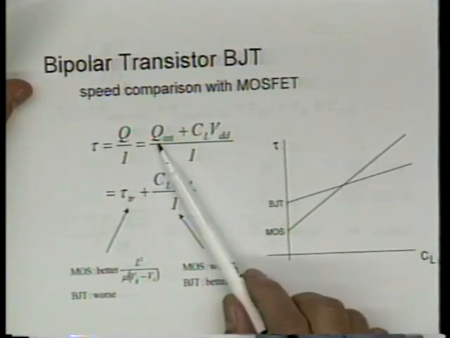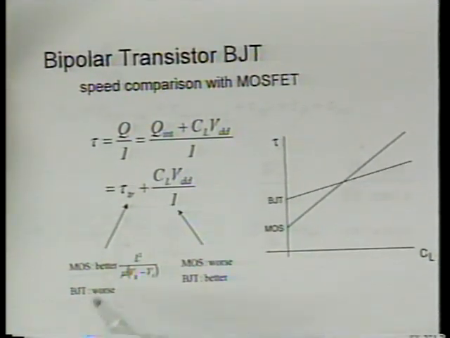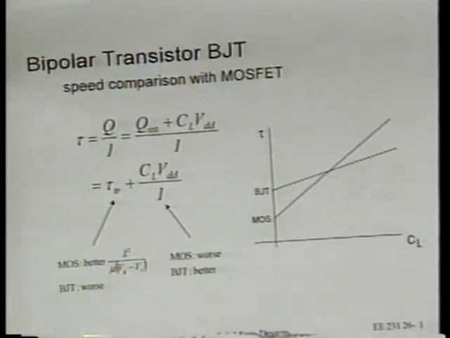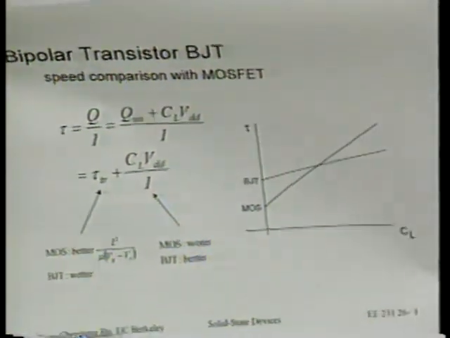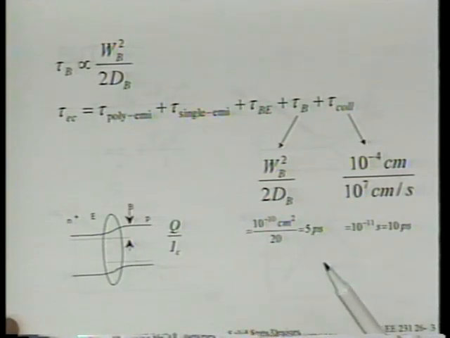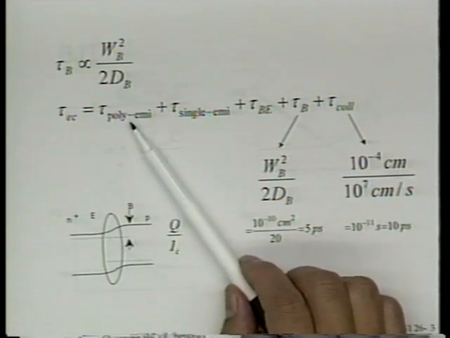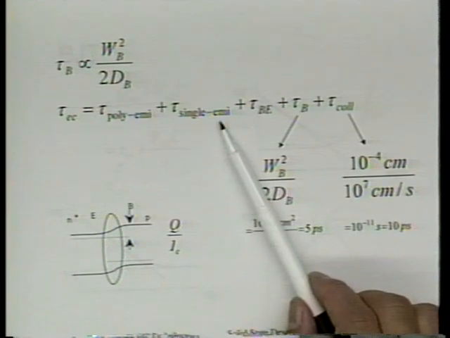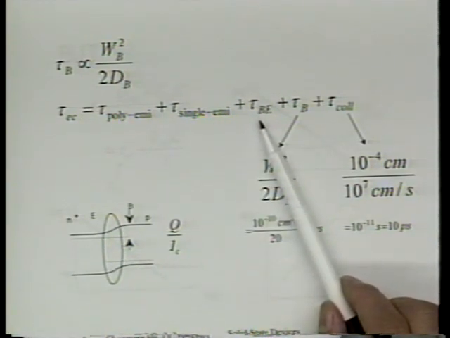Sure, there's charge stored in the base, but by making the base very thin, by building an electric field in the base, the base transit time doesn't really dominate. I mean, it's still large, maybe 40 to 50%. But still, a lot of the time is spent even just flowing through the polysilicon and the single crystalline portion of the emitter. And of course, there is the base.